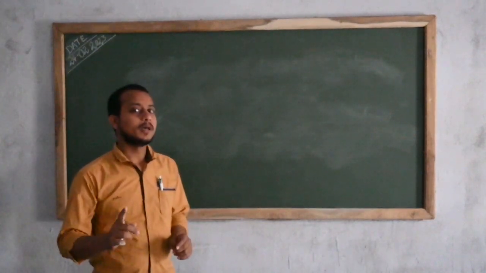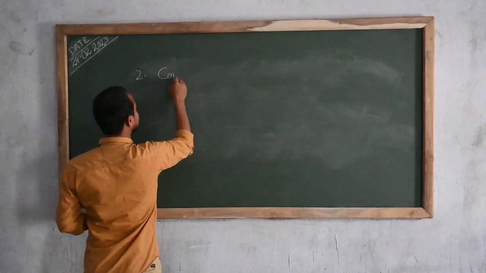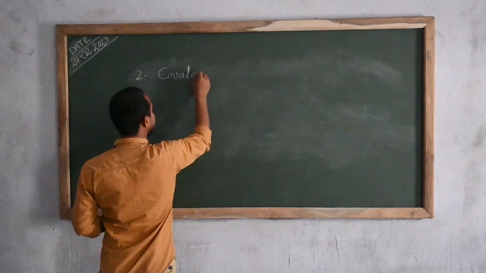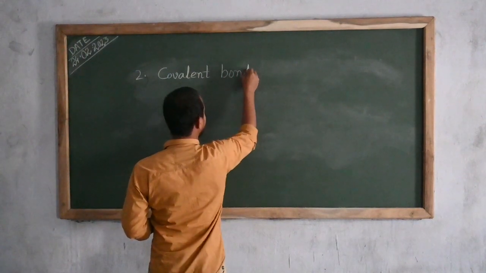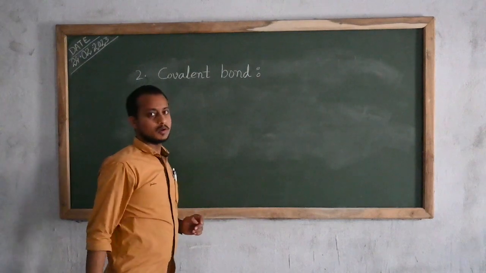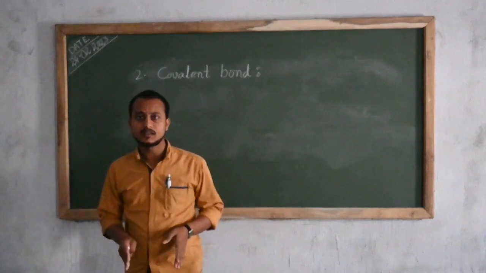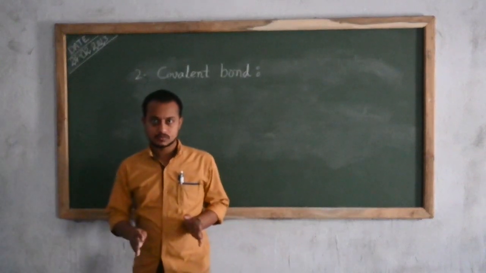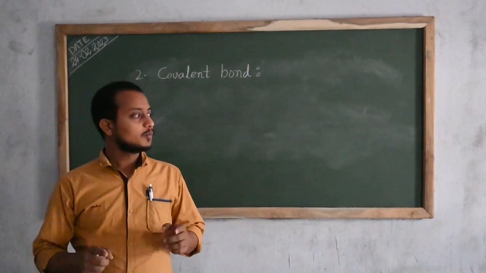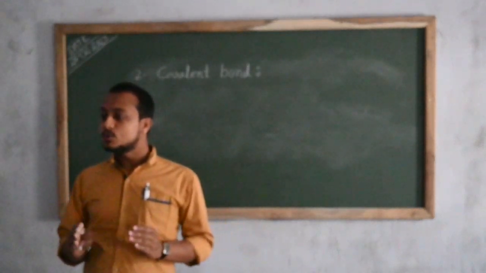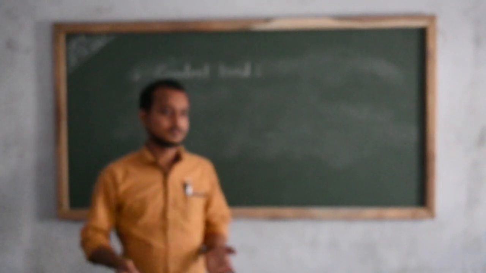Next topic, covalent bond, number 2. What is a covalent bond? A covalent bond is the bond formed by the mutual sharing of electrons by 2 or more atoms.